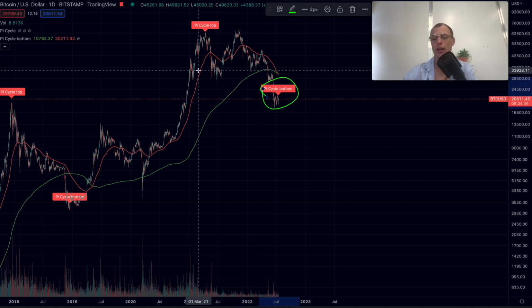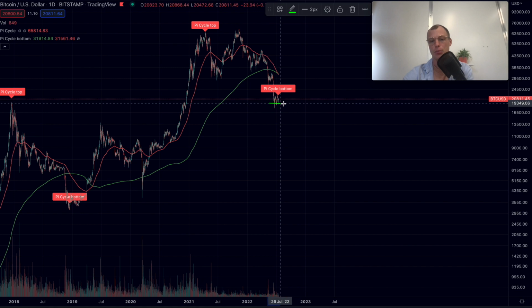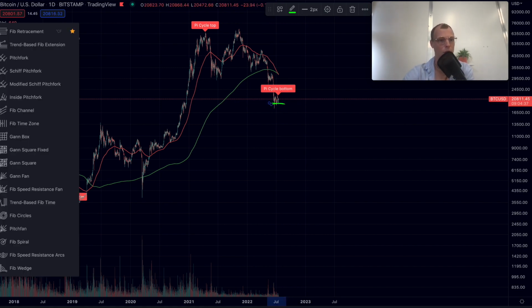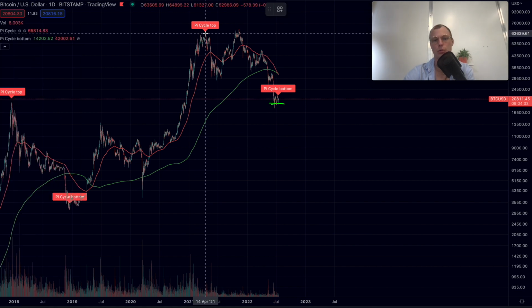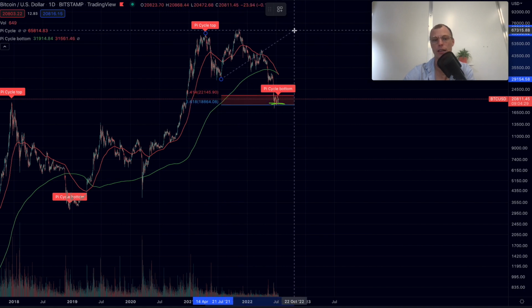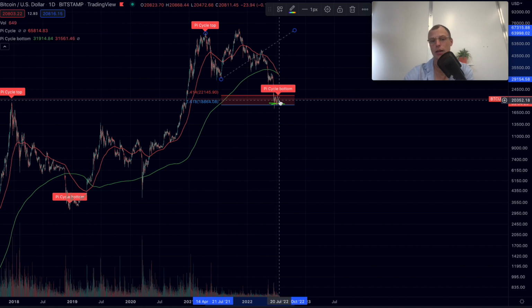And the interesting thing here, I think, guys, is that this level that I've been pointing out, 18.6k, is a very key level. We have been talking about it. If we take the trend-based Fib extension, we take the top right here, we take the bottom, we take the top, we extend it right there, then Bitcoin's price extended right here to the golden ratio Fibonacci level.